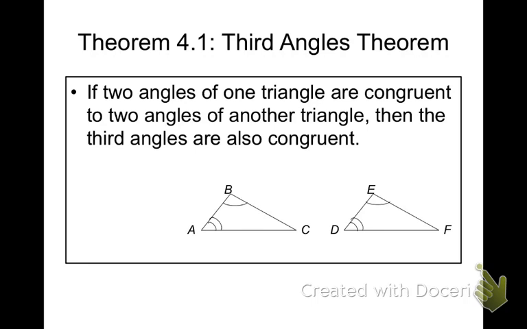What the third angles theorem says, if two angles of one triangle are congruent to two angles of another triangle, then the third angles are also congruent.